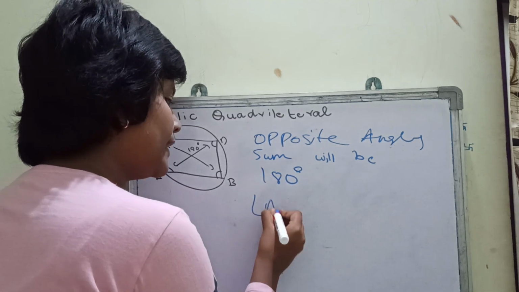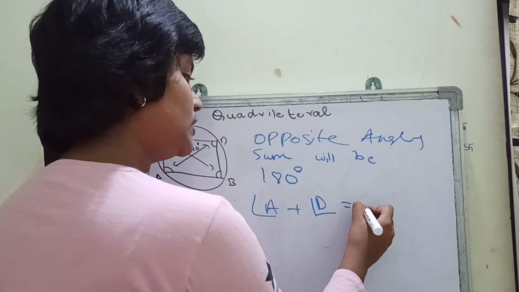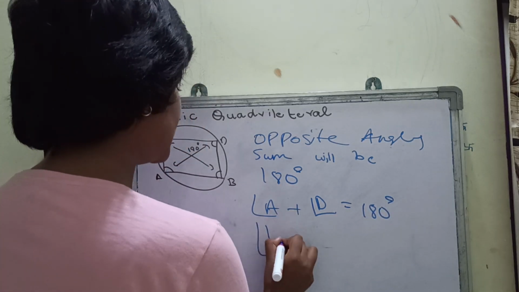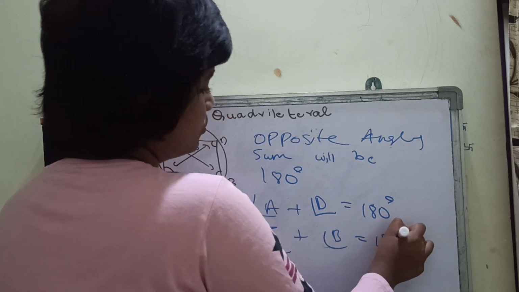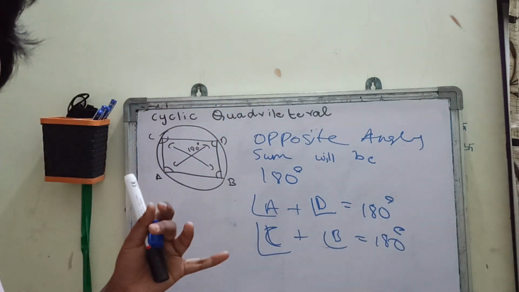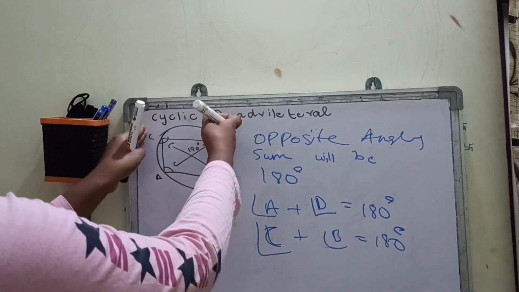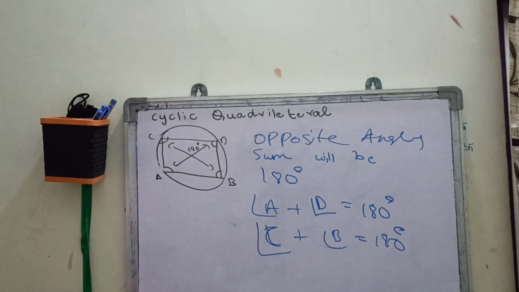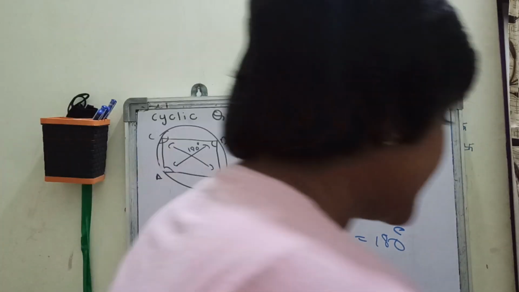That means angle A plus angle D is equal to 180 degrees. Angle C plus angle B is equal to 180 degrees, which will be used in solving questions. So this is simple, guys. If the vertices touch the circumference of a circle, then it is a cyclic quadrilateral. The specialty is the opposite angle sum will be 180 degrees.